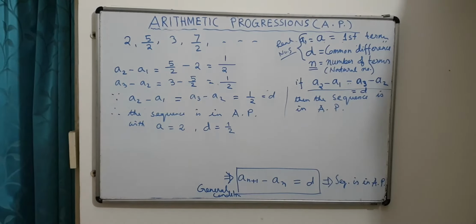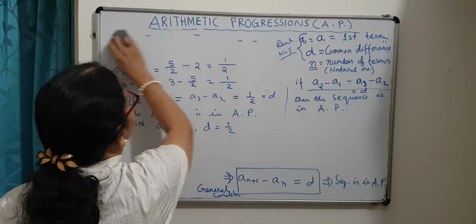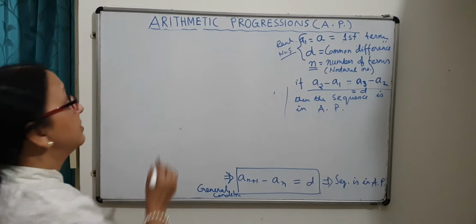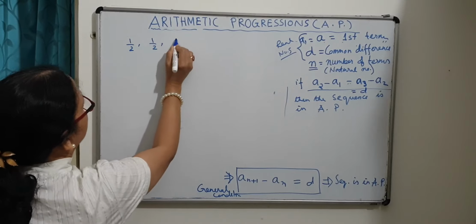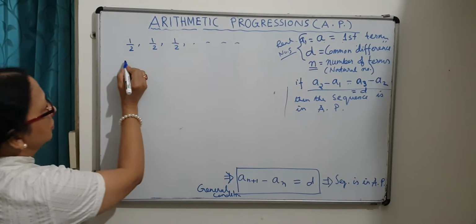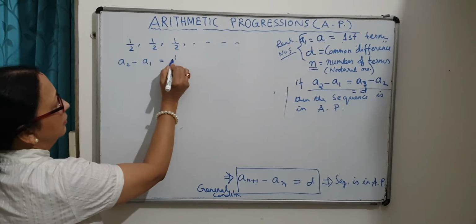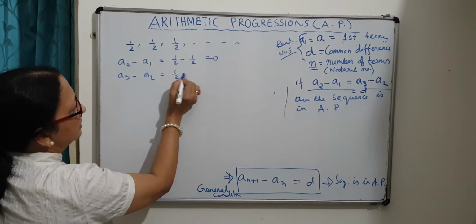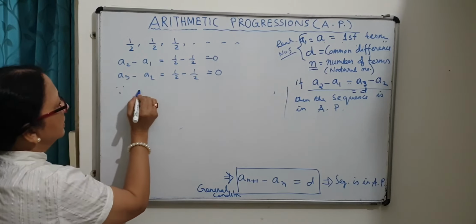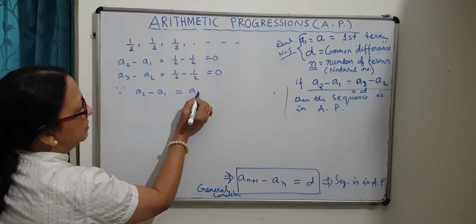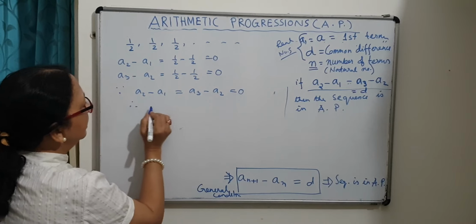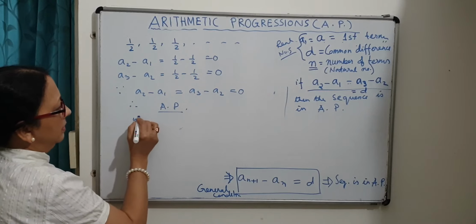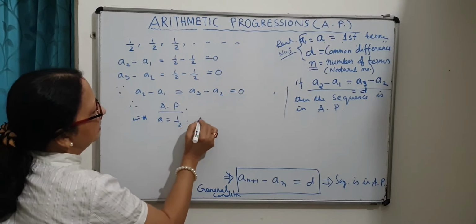Now let me take another example. Let me take a sequence: half, half, half, etc. Here A2 minus A1 is half minus half, that is 0, and A3 minus A2 is also half minus half, equal to 0. Since A2 minus A1 is equal to A3 minus A2, equal to 0, therefore the sequence is in AP, with A equal to half and D equal to 0.